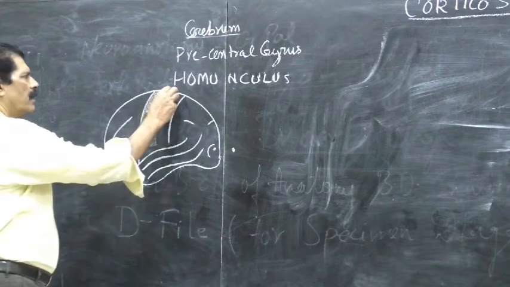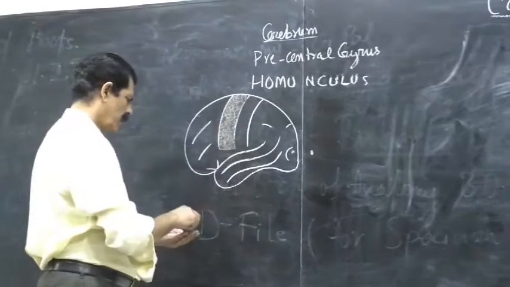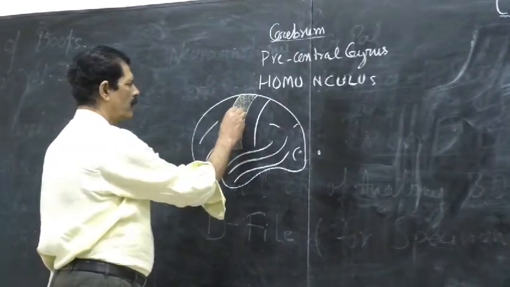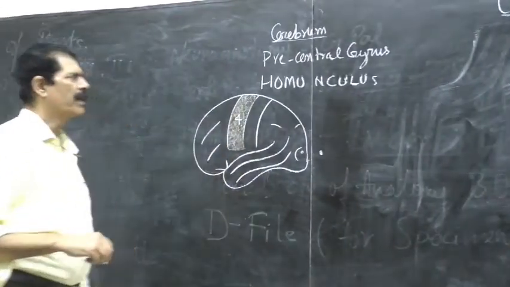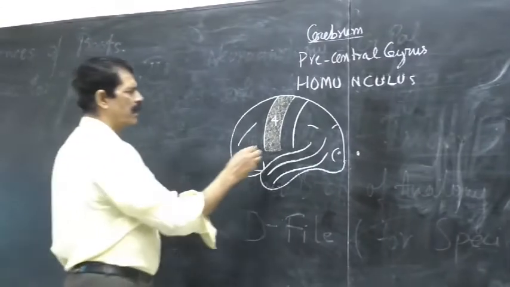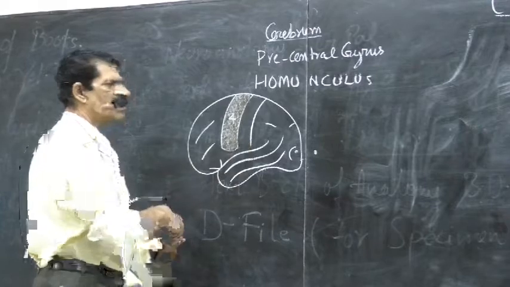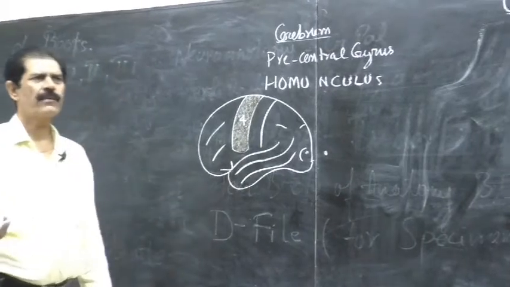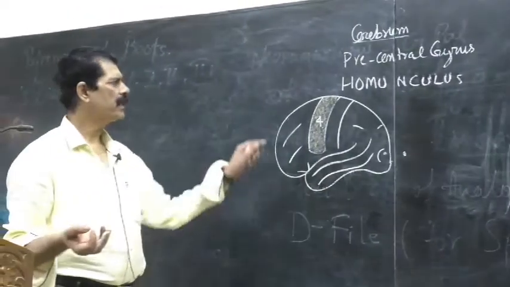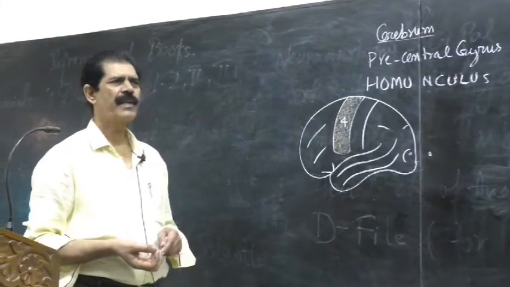And Brodmann has given it the number 4. And homunculus means from below upward. So this is the sequence of the muscles which are represented by this strip of the gray matter.